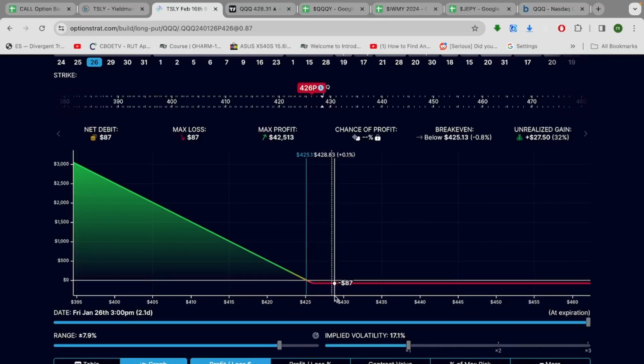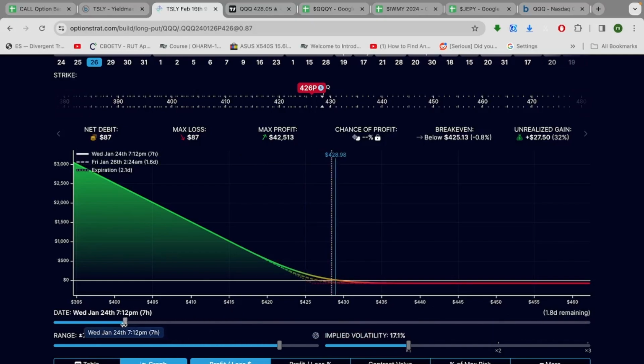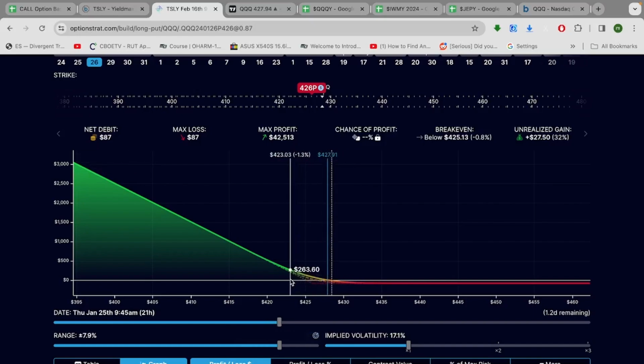So that's the position. Most we can lose is 87 bucks. We're looking for it to go to 424, maybe by tomorrow morning. So we're going to drag the thing here. Wednesday, so Thursday morning, Thursday 9 o'clock. Okay, so if we get a price of 424 by Thursday at 9 o'clock, we should have a couple $100 profit.